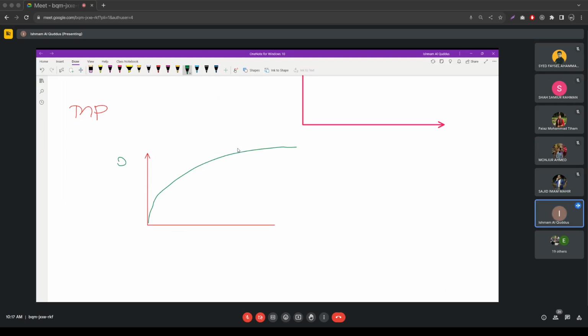So Q and L, right? After this point, if you want to increase your Q, what will your slope be? Something like this, right?